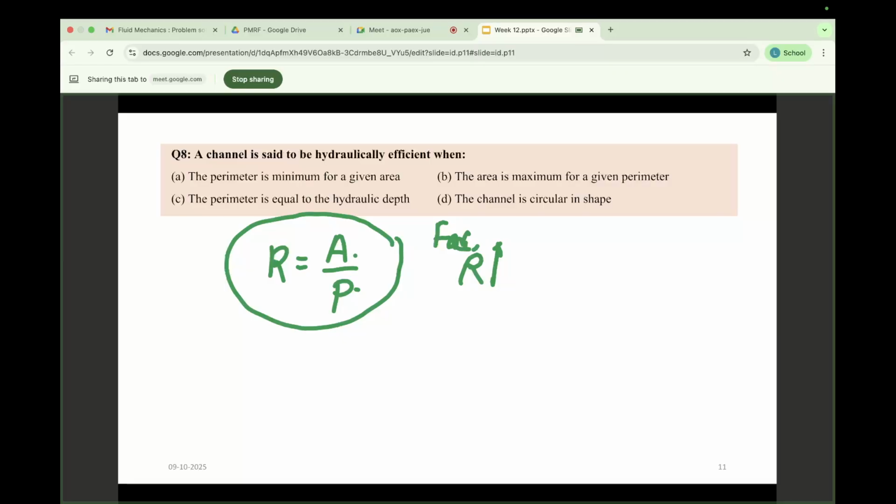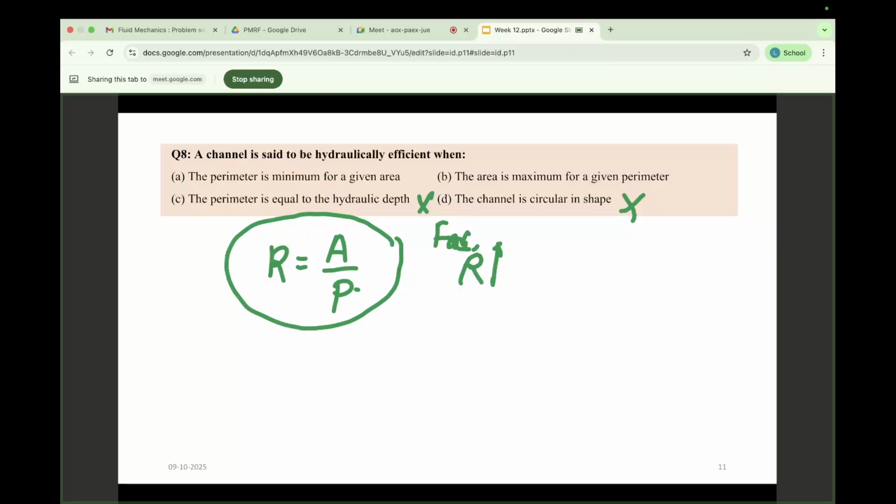Yes or no? The third is perimeter is equal to the hydraulic depth. No, it will not be the answer. The channel is circular in shape. No, it cannot be the fully correct answer. So it should be among A or B. So what do you feel?